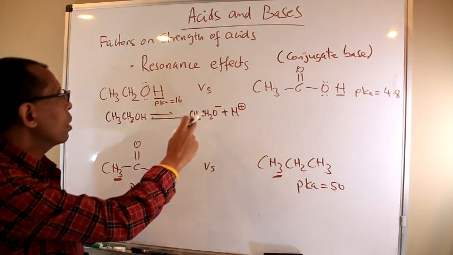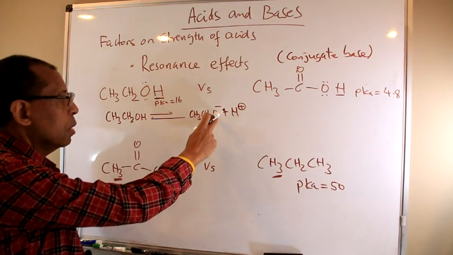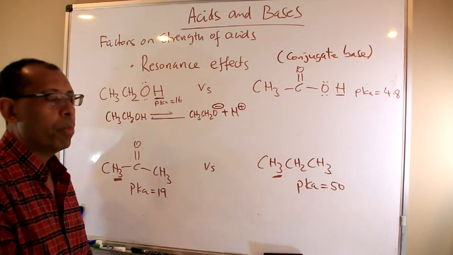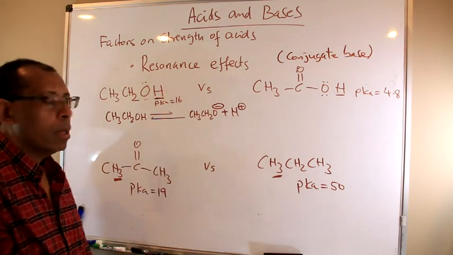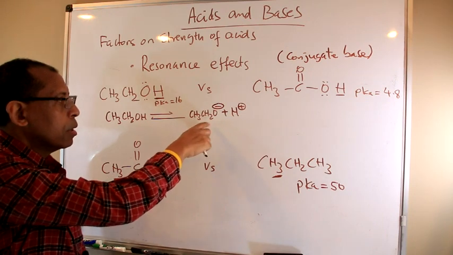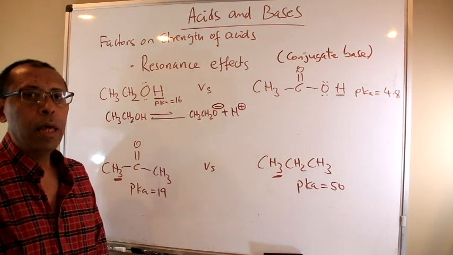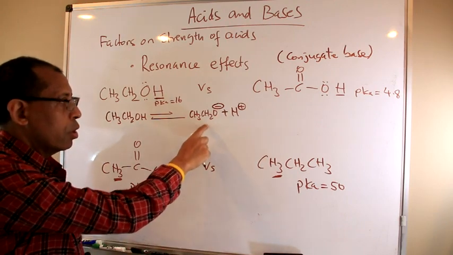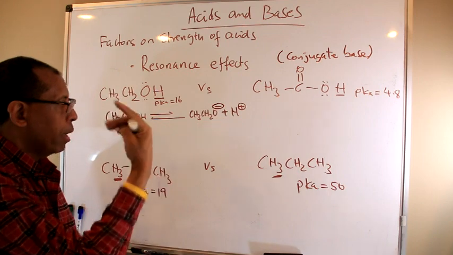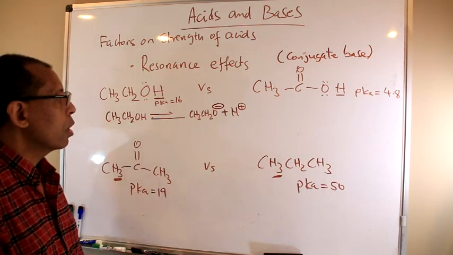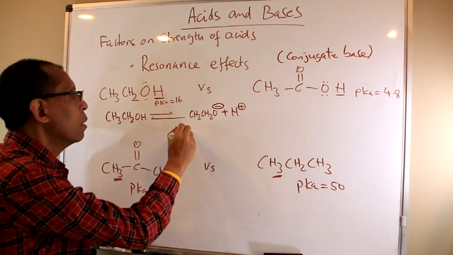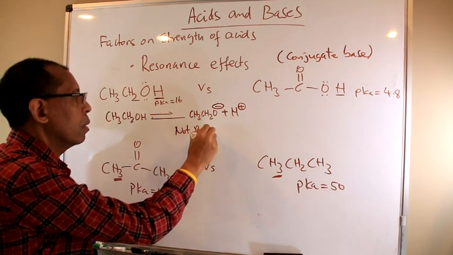Basically, you see this oxygen is carrying the negative charge. And that negative charge, or lone pair of electrons, cannot be resonance stabilized because there is no pi bond to push those electrons into to make a resonance stabilization. So the conjugate base that is formed, A minus, as you remember from the previous section, is not resonance stabilized. There is no resonance for this.